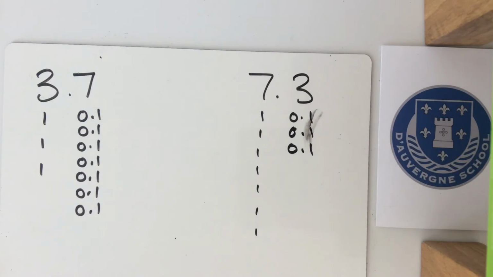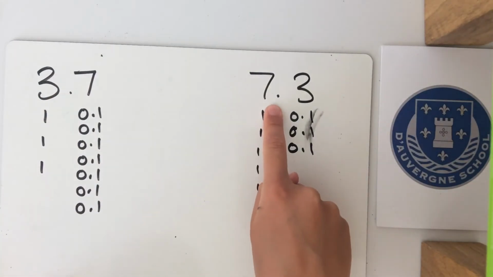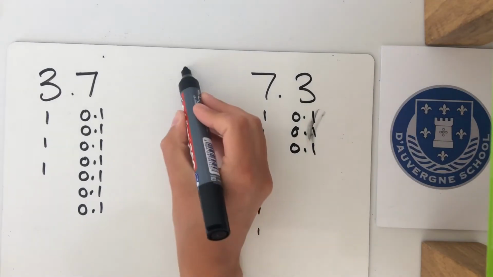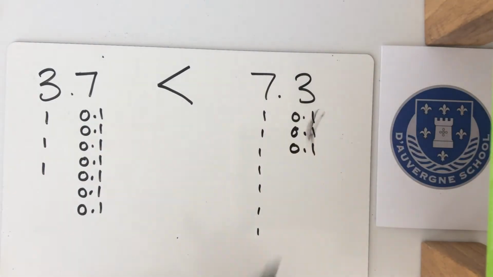Which number is smaller? It asked you to find which number is smaller. 3.7 is smaller because it has 3 ones and this one has 7 ones. Okay, so the crocodile eats the bigger number, but we know 3.7 is less than 7.3.